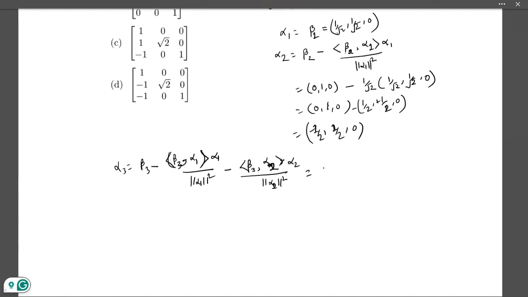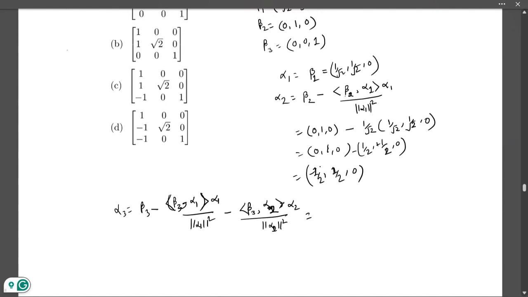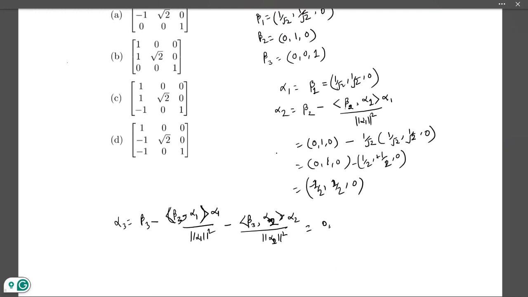Let me write clearly. Beta 3 is 0, 0, 1, right? Yeah, 0, 0, 1.